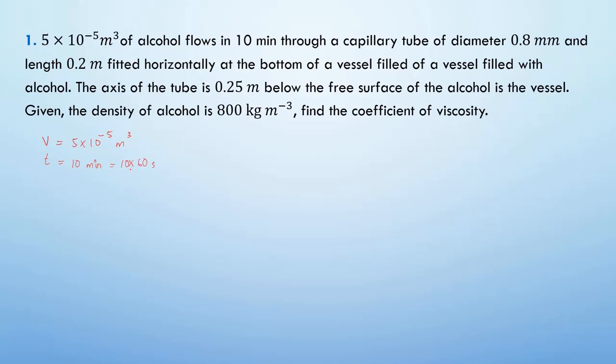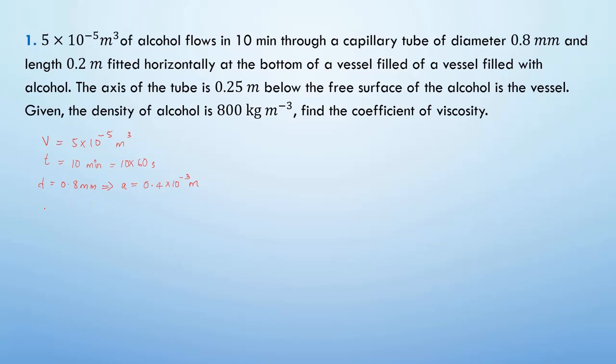Now, what do we have? The capillary tube has a diameter which is equal to 0.8 millimeter, which implies that it has a radius a, that is 0.4, half of the diameter, into 10 to the power negative 3 meter.